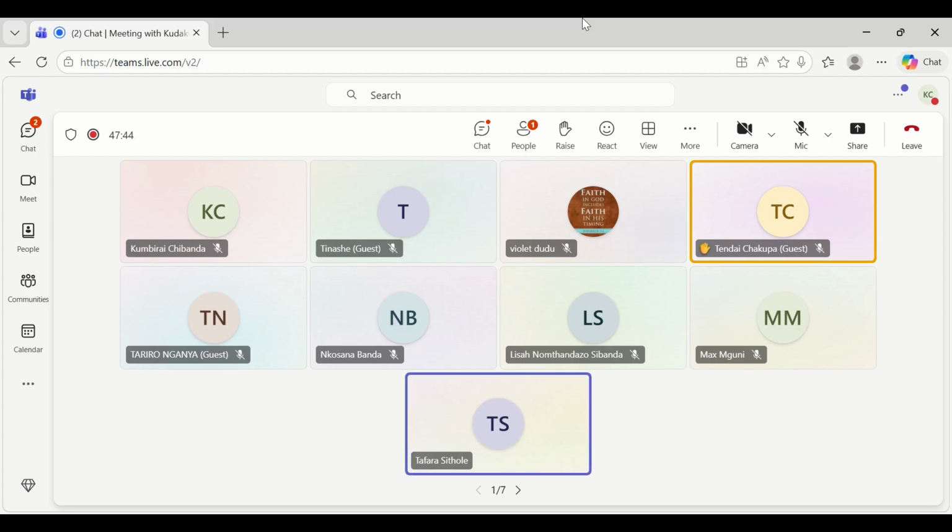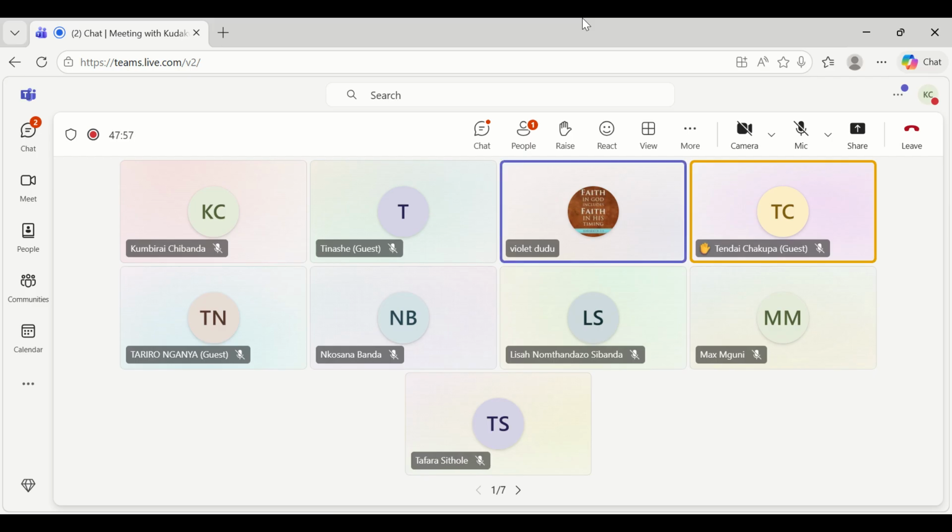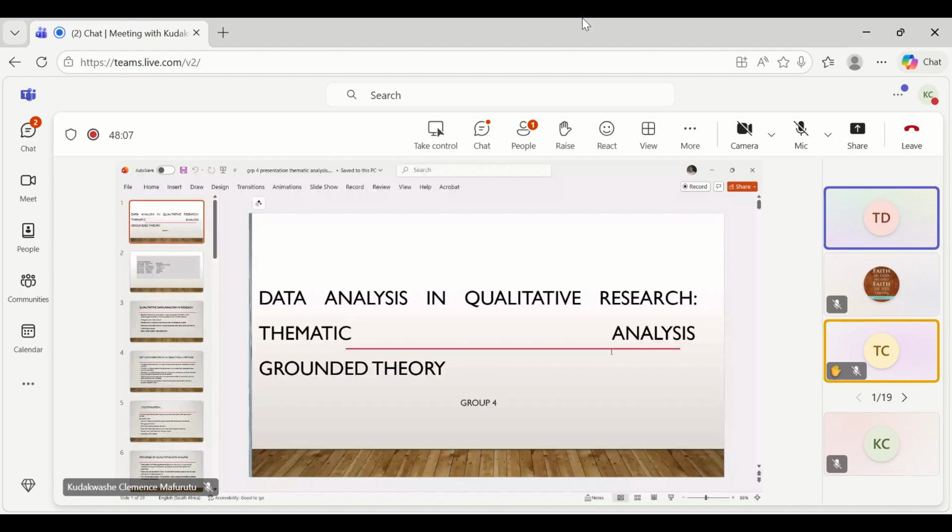So if they have issues, is Group 4 ready so that maybe we can start with Group 4 while they're resolving their problems? Hello, Doc.